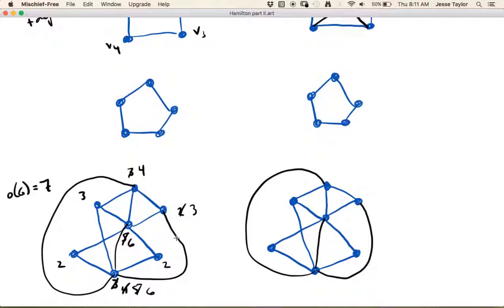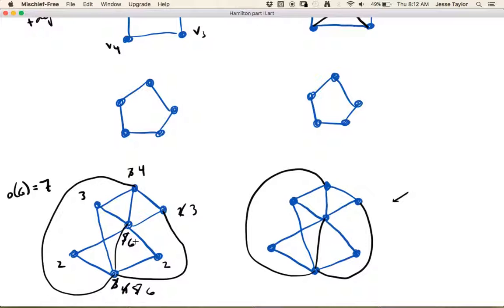And then you can keep going, but as soon as you get to a vertex of highest degree where you can't add anything, then you can pretty much stop. Because if we go to degree 3, if these edges couldn't be formed even with degree 4, then they certainly can't be formed with degree 3. So it turns out that this is the closure of the original graph on the left.